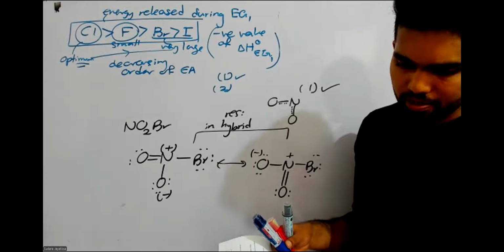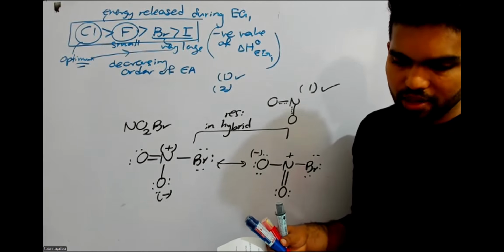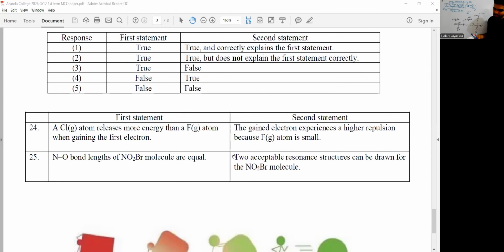Look at the second statement. If they tell about the resonance, then we can take answer 1. 2 acceptable resonance structures can be drawn for NO2Br molecule. Yes, that is correct, but the word acceptable is not good. In an A-level exam, they will not give acceptable, because basically any resonance structure you draw is acceptable, following the Lewis rules, no?